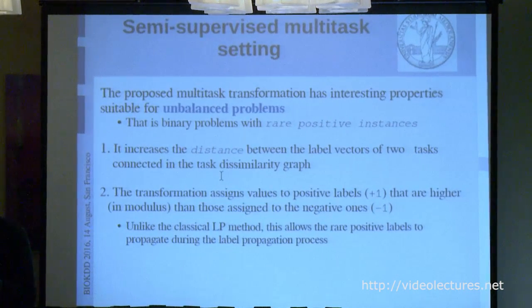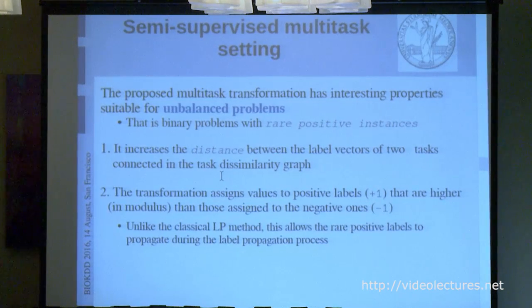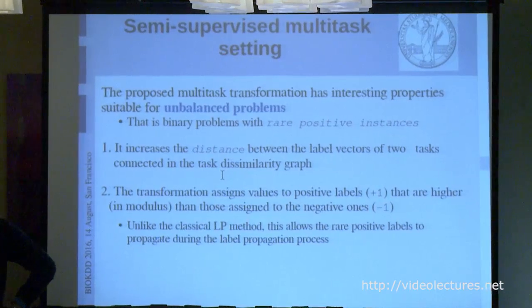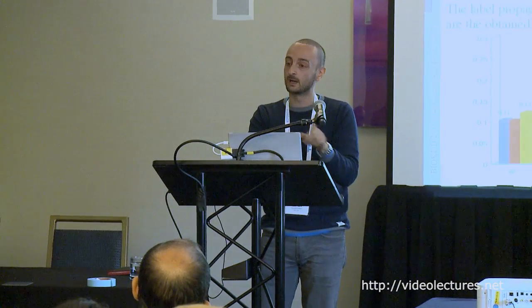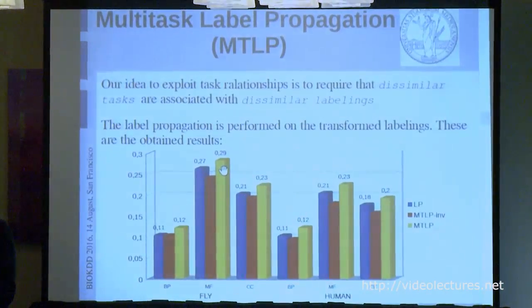So the similar tasks are associated with more distant labelings in this sense. And this is one contribution of our algorithm, the one which makes the difference between LP, the blue bar, and the yellow bar in this graph.